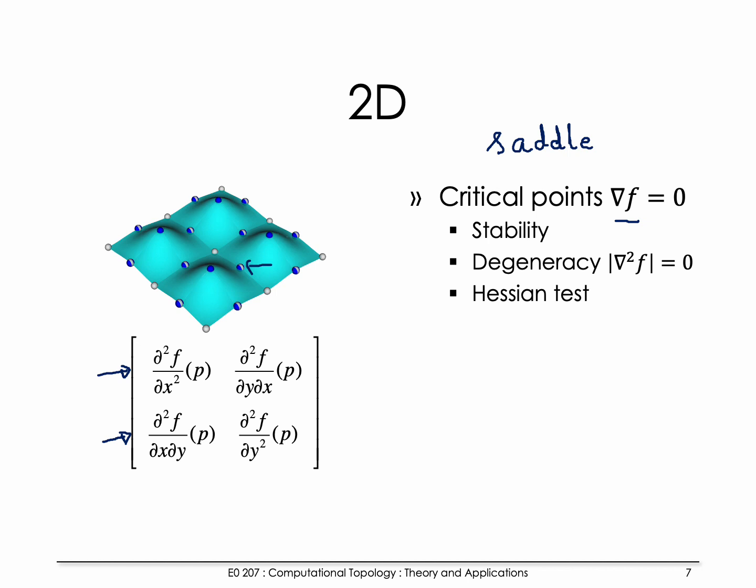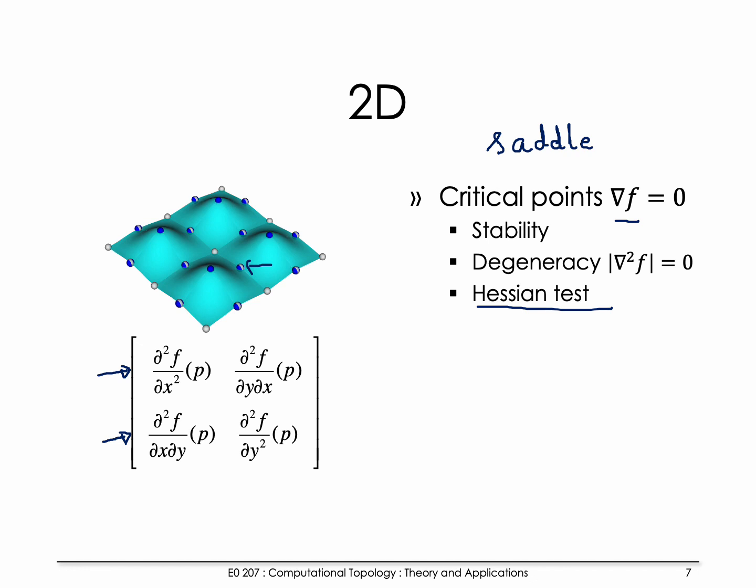This is what we call the Hessian test. Essentially, if the Hessian is singular, then we know that the rank of this matrix is less than 2, so the rows and the columns are not linearly independent anymore.